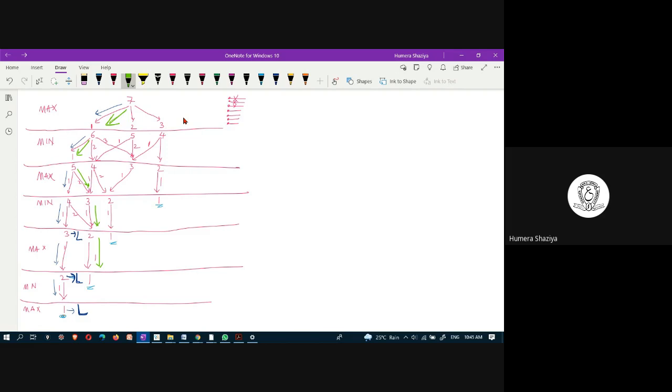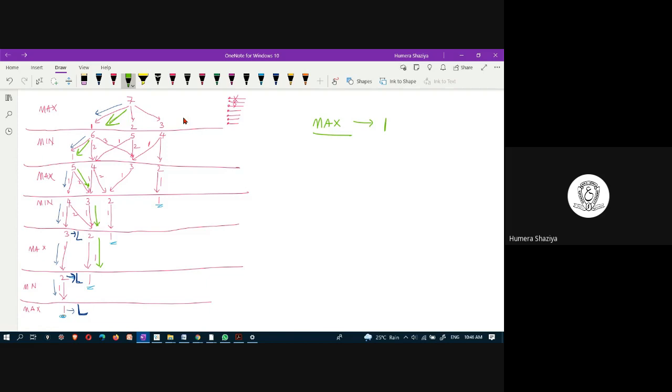So here, one point, please understand. We are playing with respect to Max. Because we are playing with respect to Max, if Max gets the last matchstick, Max loses.